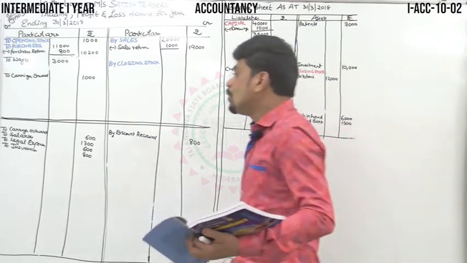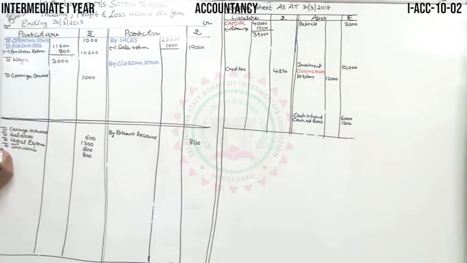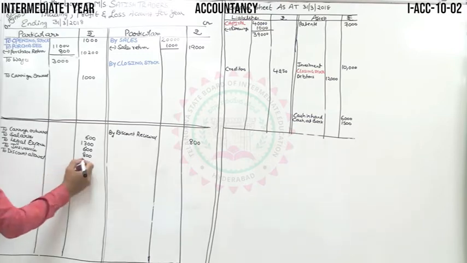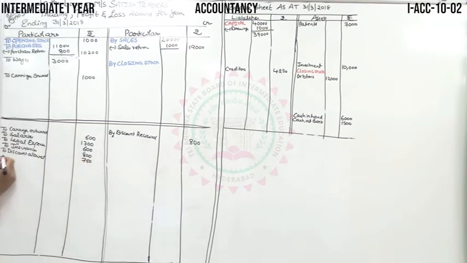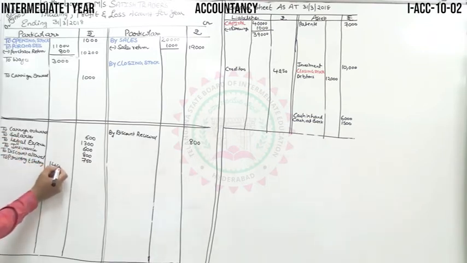Discount will go to profit and loss account debit side. This is discount allowed, 750. Then printing and stationery. So to printing and stationery. The amount I am writing in the inner column.